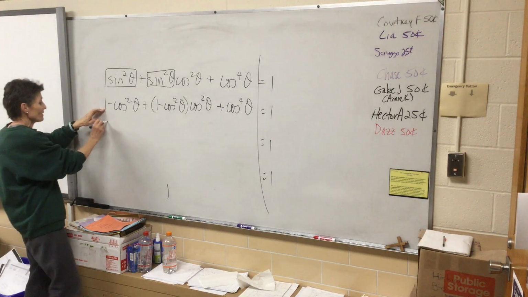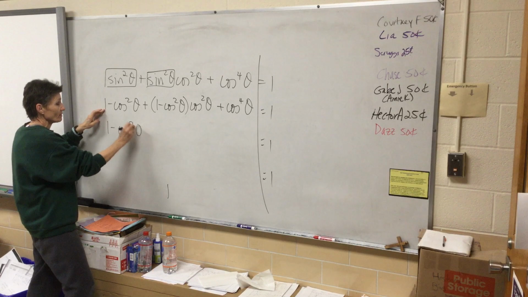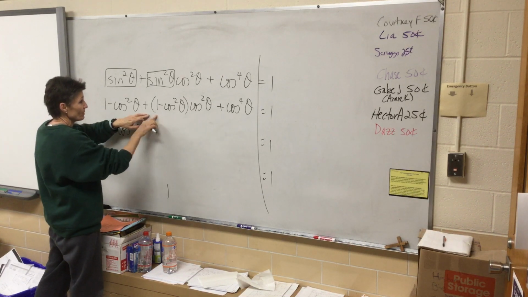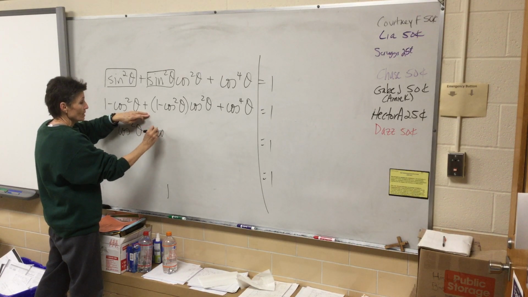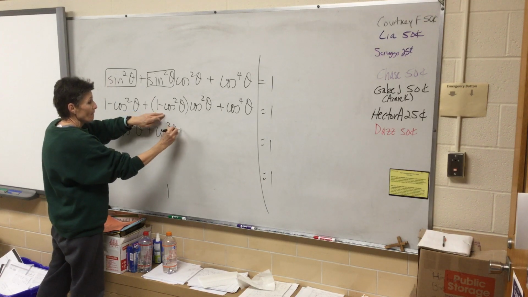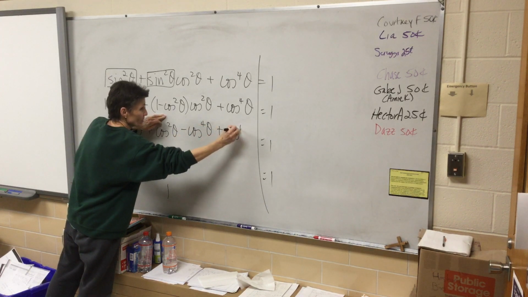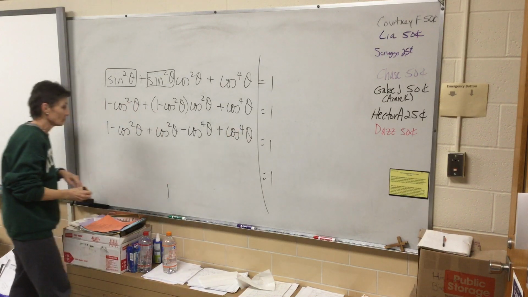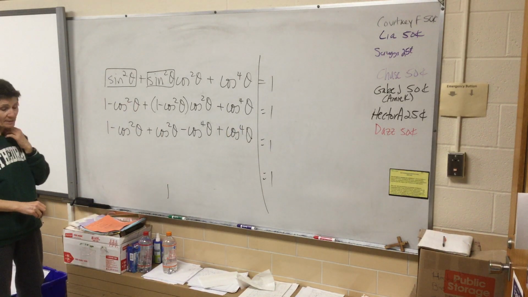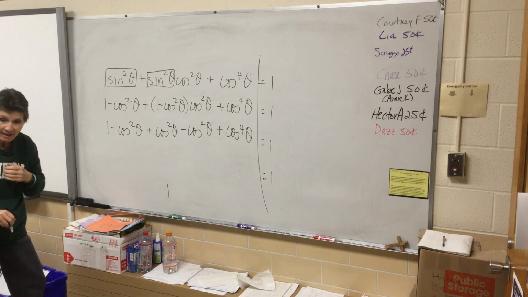All right, well, let's see what we've got. We've got 1 minus cosine squared. Now, this is a distribute, so it's going to be plus cosine squared minus cosine to the 4th, and then plus my cosine to the 4th. Well, what happens, guys? Is it what we wanted to have happen?